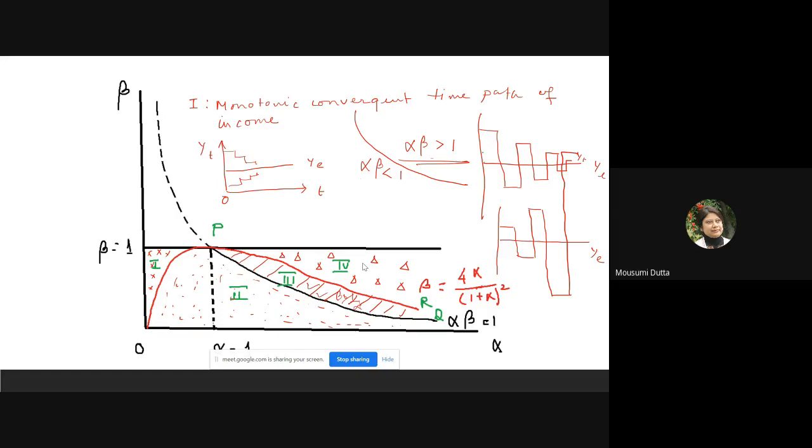However, beta greater than 4 alpha by 1 plus alpha whole square, indicating the roots are real.